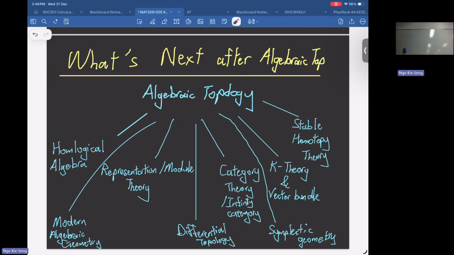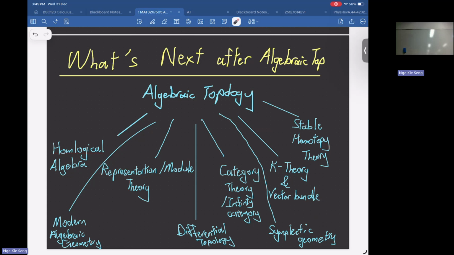you can go deeper in homological algebra or even representation theory, basically module theory. Representation theory has different kinds, like representation of algebras, of finite groups, of Lie algebras.